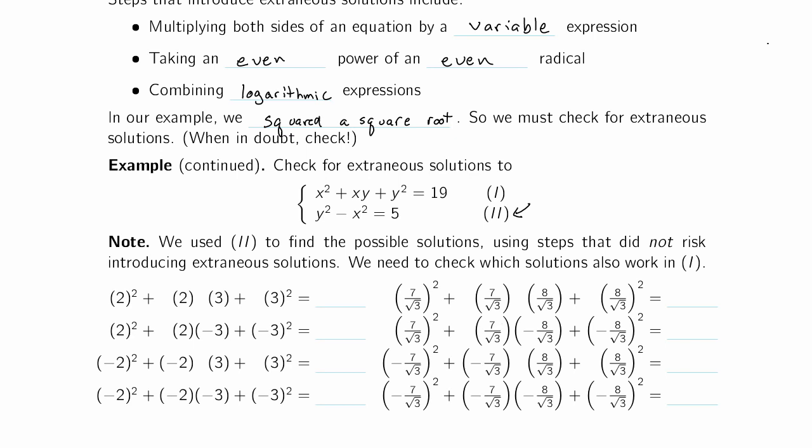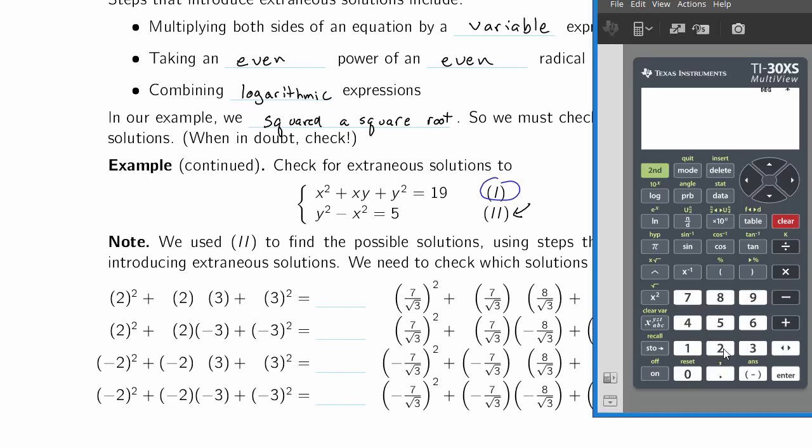We just need to check, are they also solutions to equation 1? So I've already written out, plugging in all of the pairs x, y that we got into equation 1. And we'll just go through the list and see which ones really are solutions to equation 1.